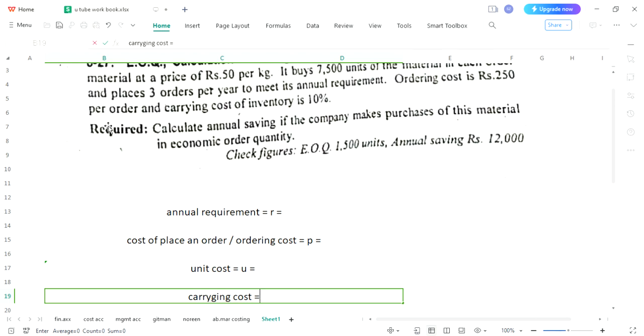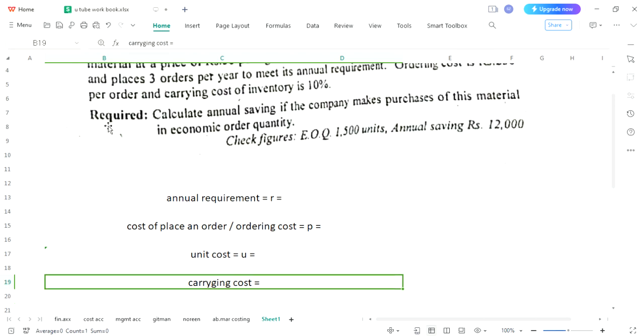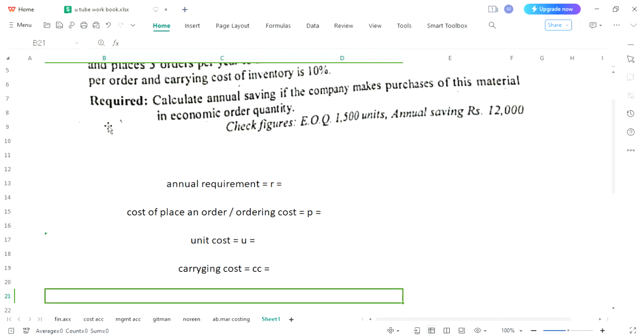There will be a definite cost of storage, so you will calculate how much storage costs. These carrying costs would be written as CC for carrying cost.